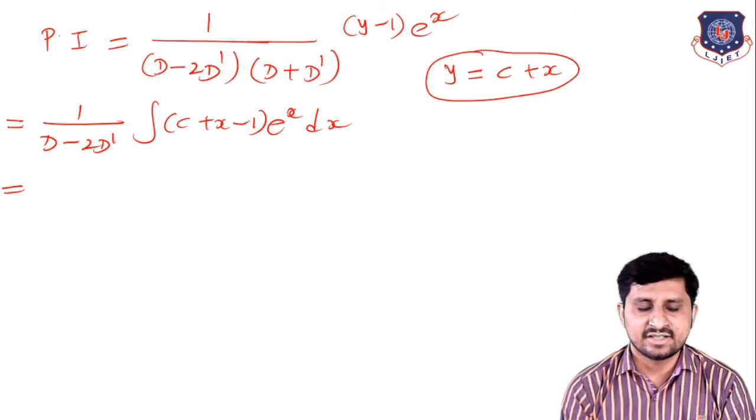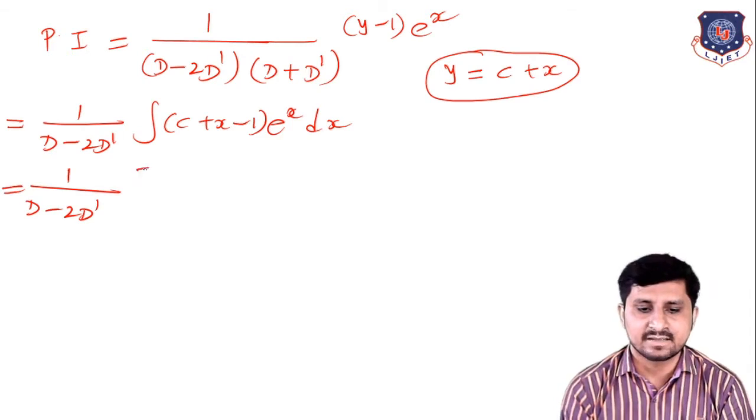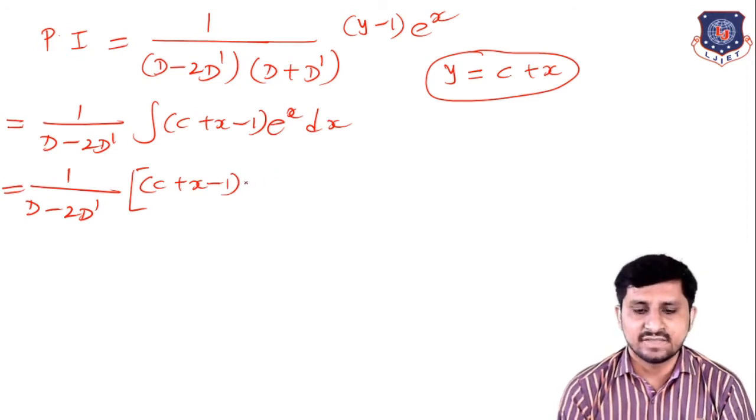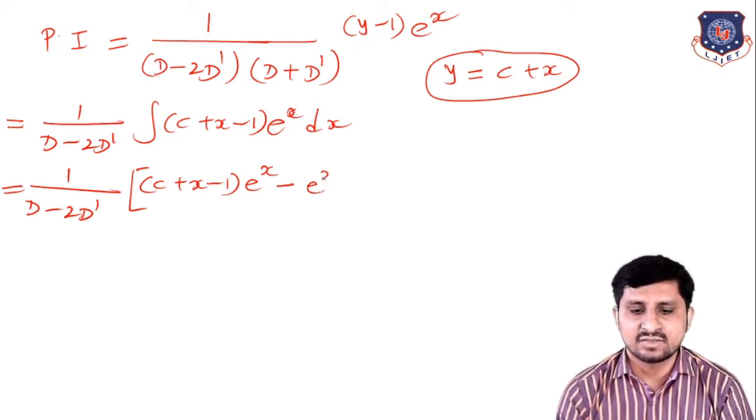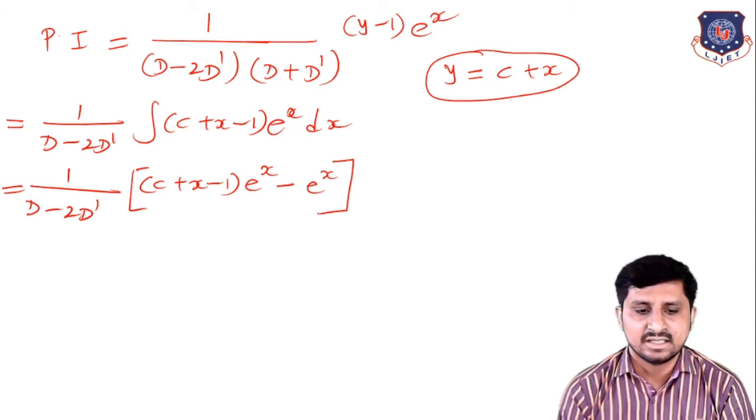Okay, now integration by parts. So 1 upon (D - 2D') stays as it is. By parts, (c + x - 1) as it is, times the integration of e^x, that is e^x, minus the differentiation of c + x - 1 with respect to x, which is 1, times the integration of e^x, that is once again e^x.